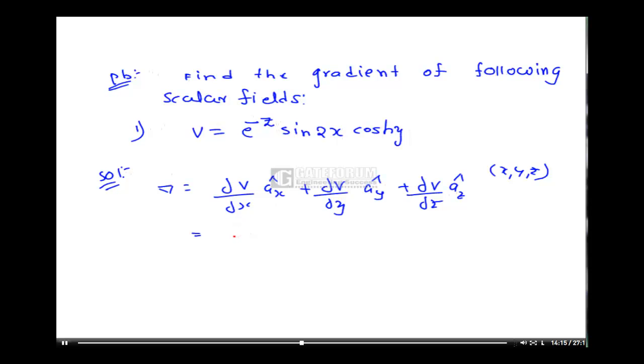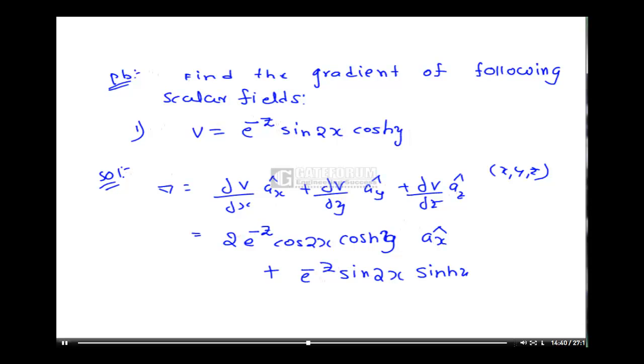So that is 2 into e power minus z cos 2x cos hy ax bar, plus dou by dou y: e power minus z sin 2x common, and cos hyperbolic y differentiates to sin hyperbolic y, ay bar.